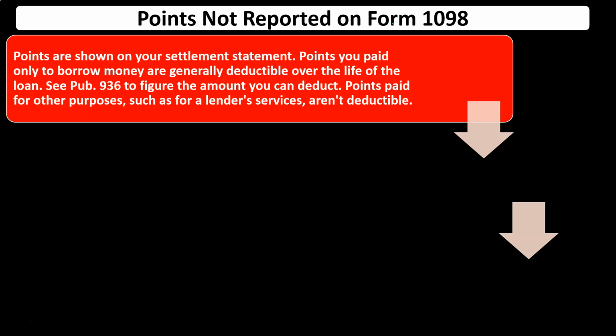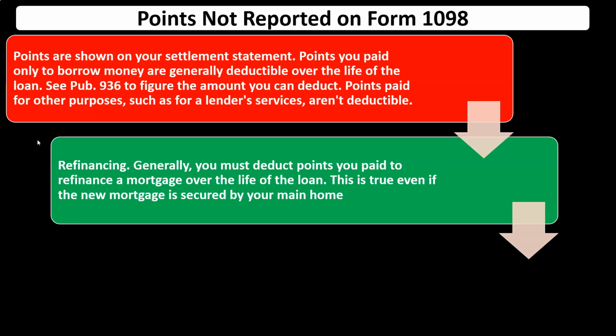So you want to look at the closing document, the closing statement typically related to the home purchase, and see if you could pick those up in the date or time that the purchase took place. In following years, it should be fairly straightforward if it was done properly in the year of purchase or the year the loan was taken out, and then in the following years it should be fairly straightforward if you're using the same tax software. Okay, so refinancing.